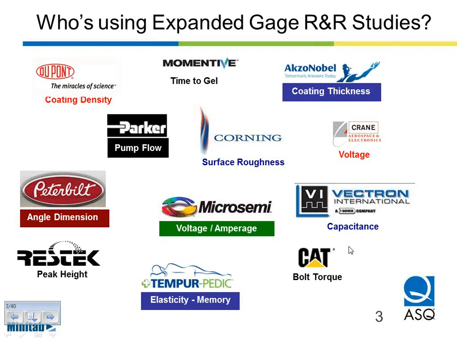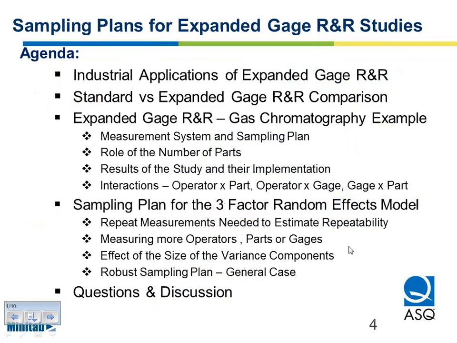And in each one of these scenarios, what was clear to me was that they were not going to be able to do a comprehensive analysis, to do a complete capability assessment of their measurement system, unless they were able to add that third component, the third component being the gauge, to their total sources of variation. So that's what we're going to talk about today. We're going to talk about an expanded gauge R&R, and in particular when your expanded variable is the gauge that you're using to measure.